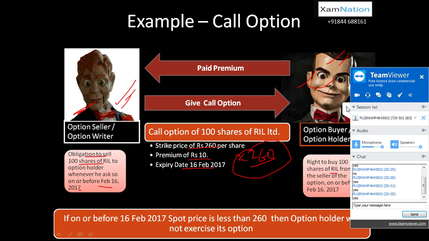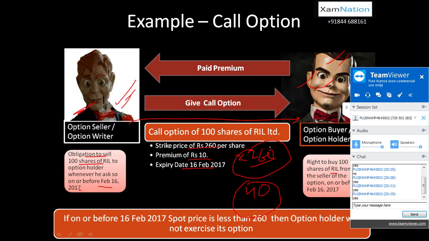It may be that he would earn a profit of 40 rupees, so the seller will give him the 40 rupees per share. Got it? The exchange of profit will happen.